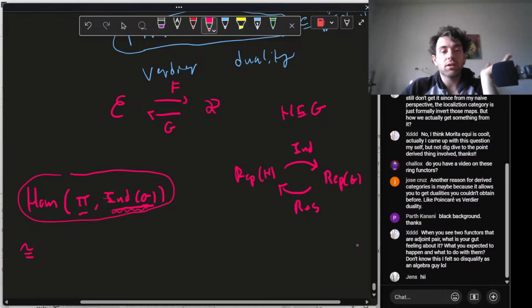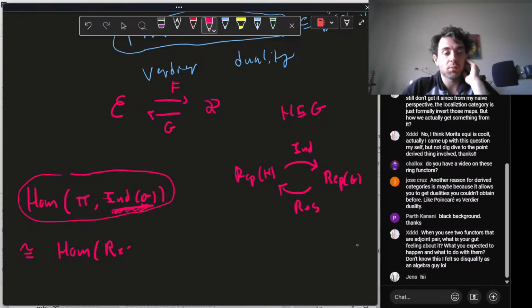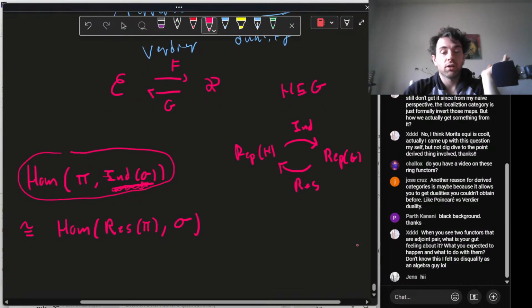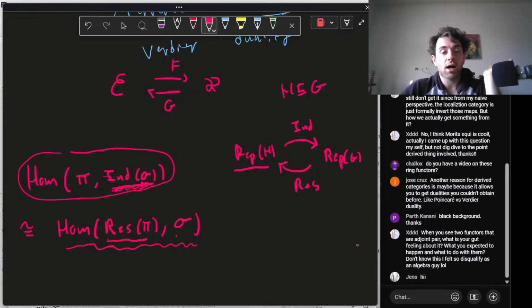Well, one of the great things is that if we have this tool, because maybe this induction is mysterious to us, right? But restriction's a lot easier to compute. So if you had a good understanding of pi and a good understanding of sigma, then by the adjunction property, you know that this is going to be isomorphic to the Hom, now happening in the category of representations of H. You can compute the restriction of pi and check to see how many times sigma shows up in that.